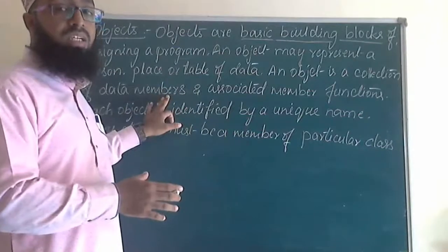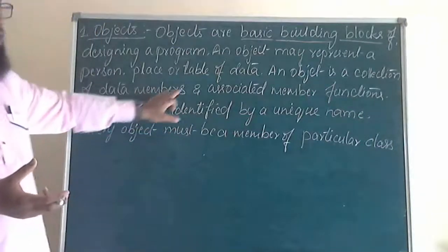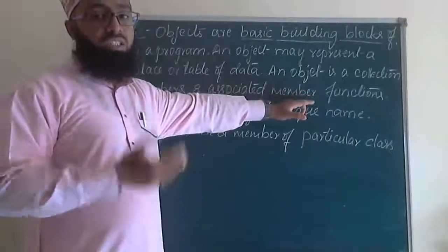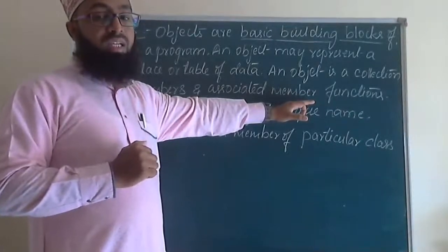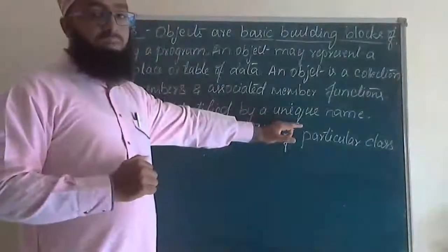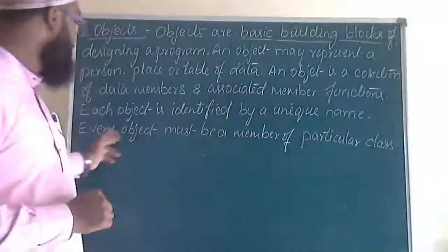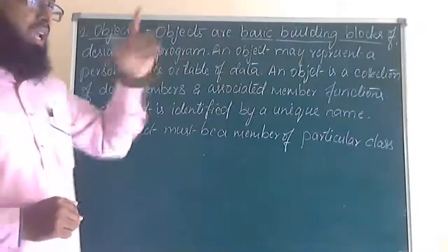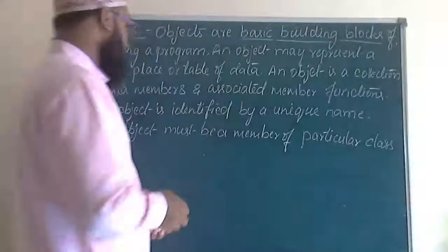A collection of such data members we can call an object, along with the associated member functions related to those data members. Then each object is identified by a unique name. Every object is having its unique name, and every object must be a member of a particular class.